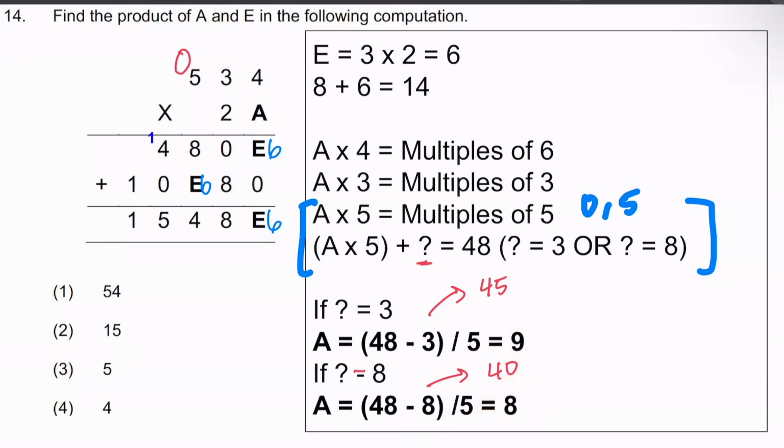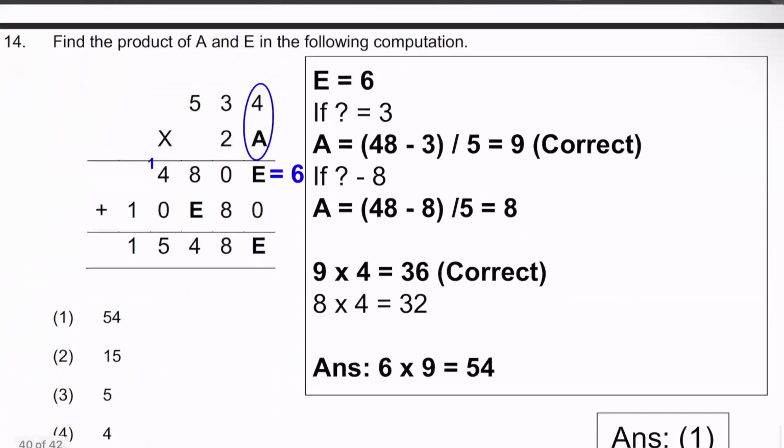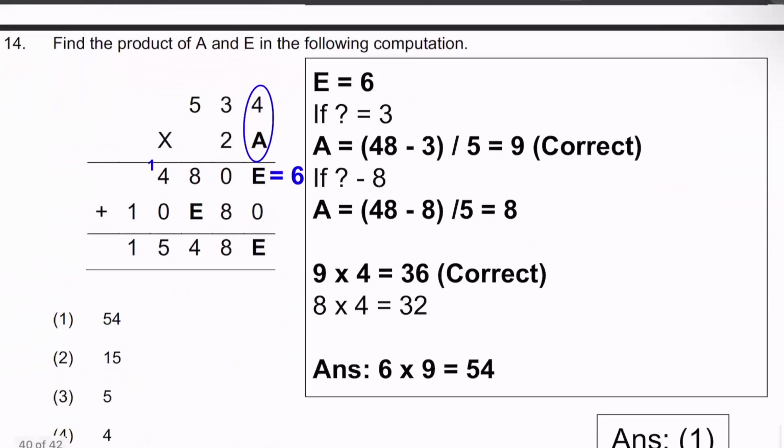Now we must test out our theory. Is A 9 or is A 8? Let's say A is 9. If A is 9, when we multiply it by 4, can we get a multiple of 6? Because remember, E is 6.